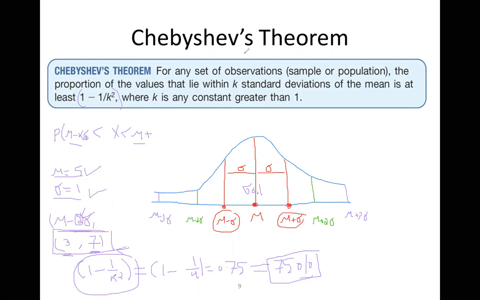Okay, so we said that our center of the data, and mu plus 1 sigma and mu minus 1 sigma.